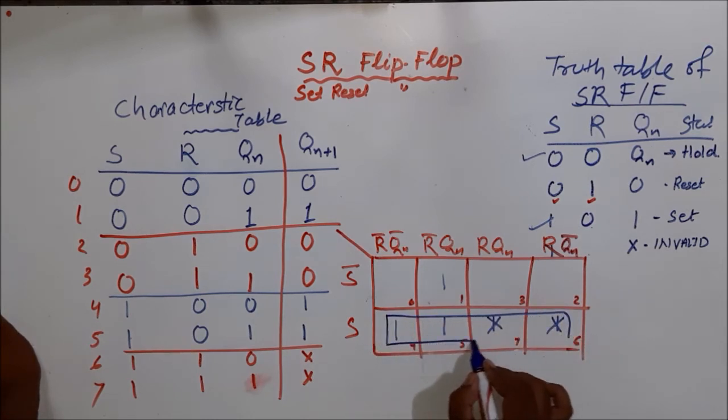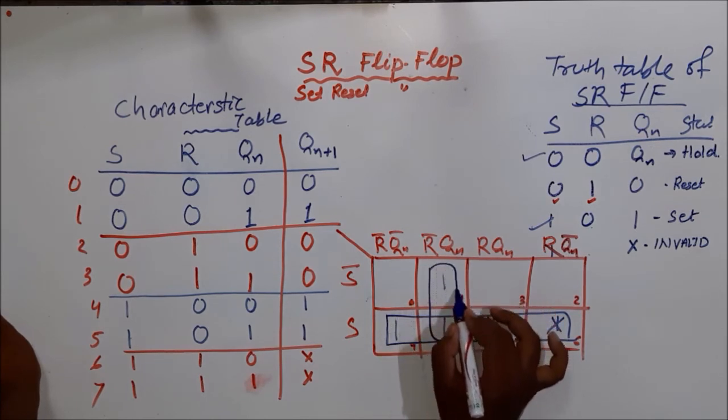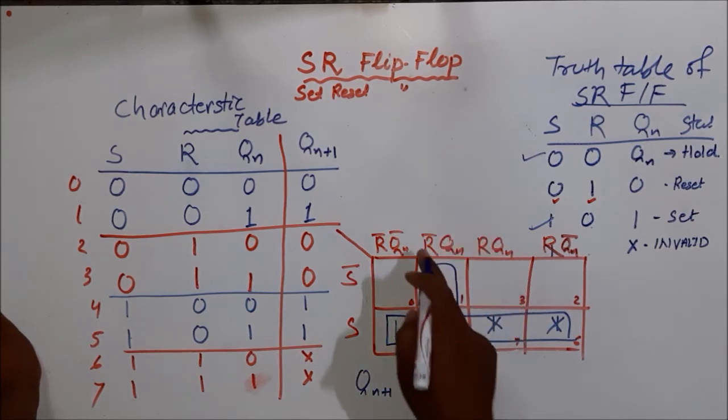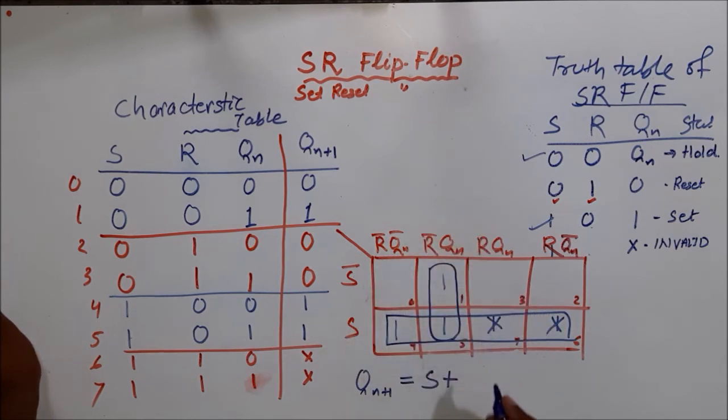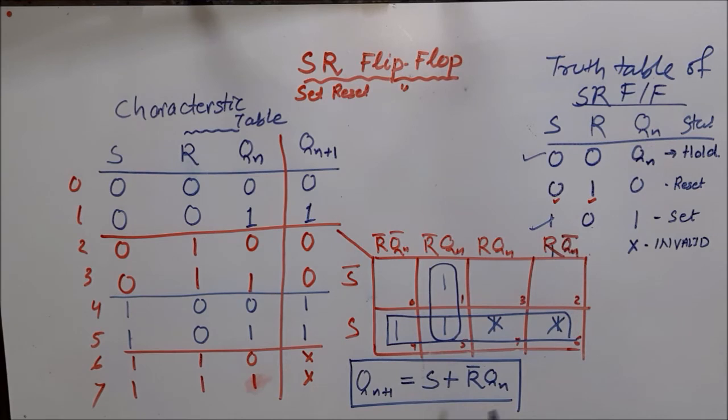And if you make a pair, it will come like this. So for Qn plus 1, we have the equation: in this row, S is not changing, so we write S plus, in this column R complement Qn is not changing, so R complement Qn. This is the characteristic equation of the SR flip-flop.